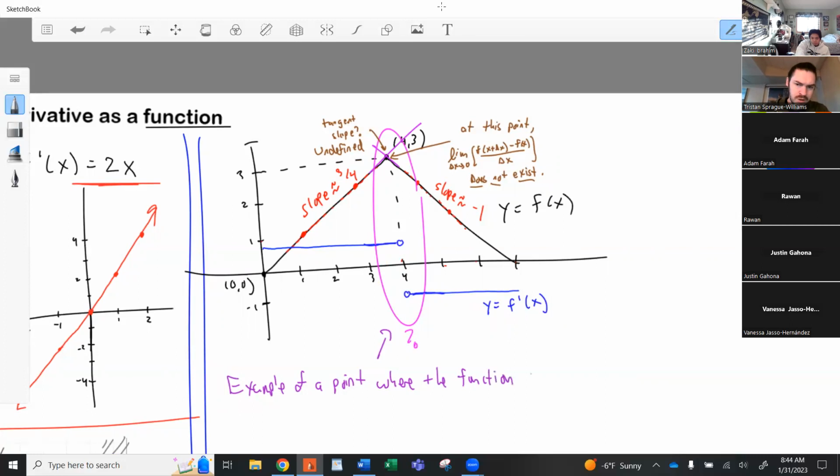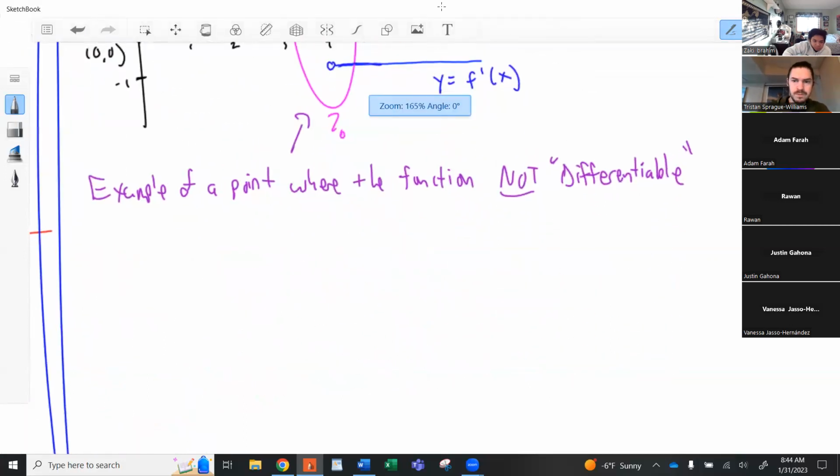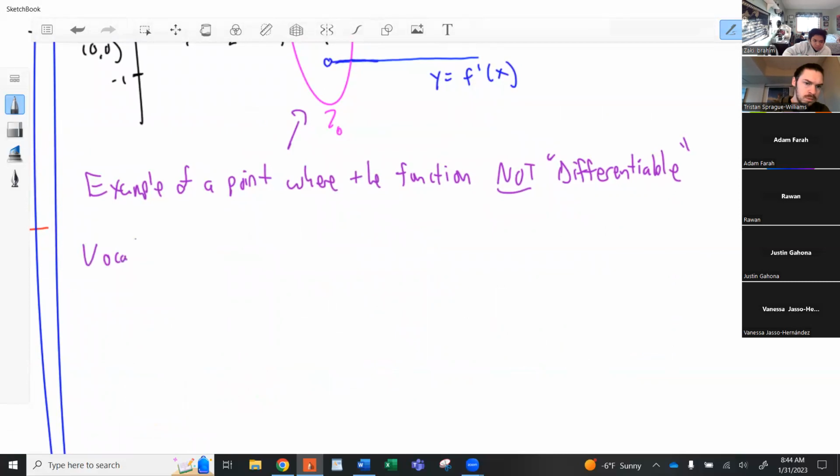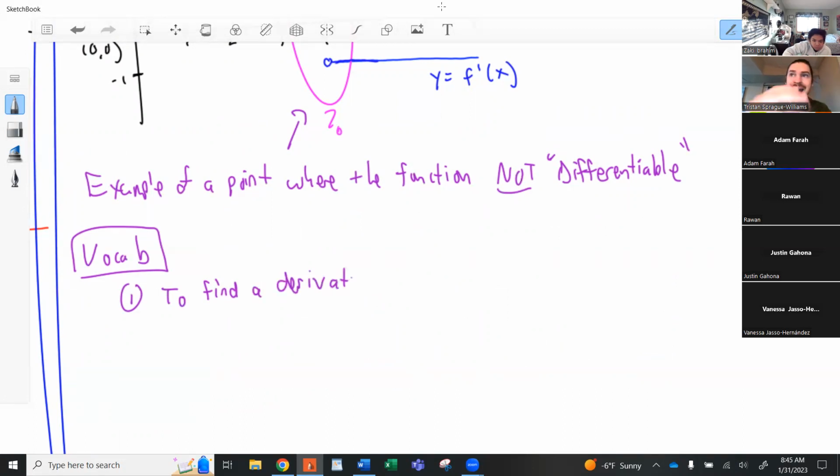That's a word I got to introduce. Not differentiable. Okay, vocabulary time. To find a derivative, that action, the process or just the act of doing it, is to, quote, differentiate a function.